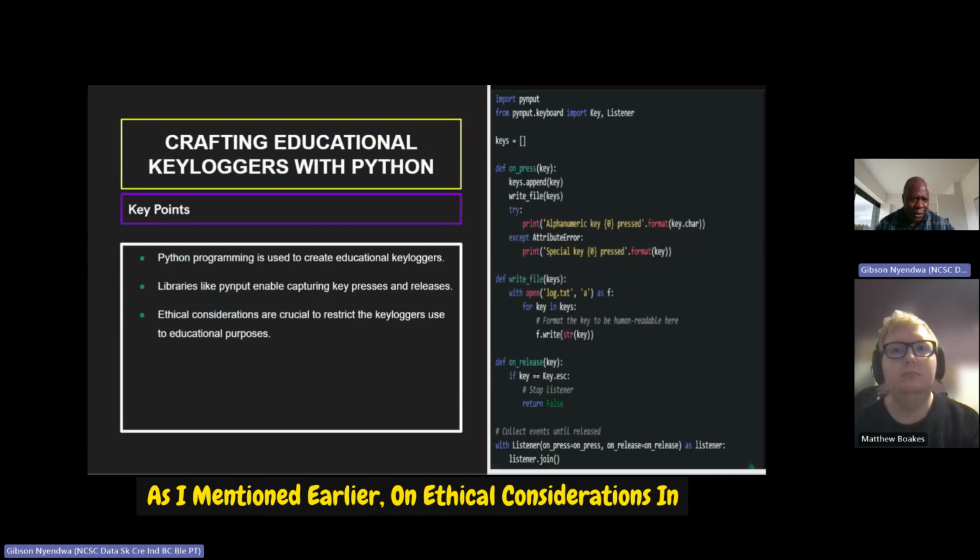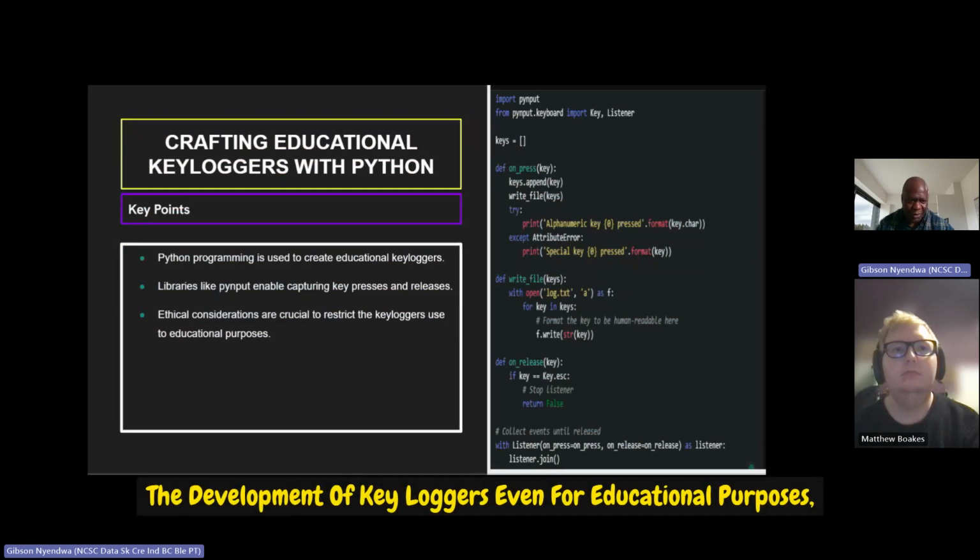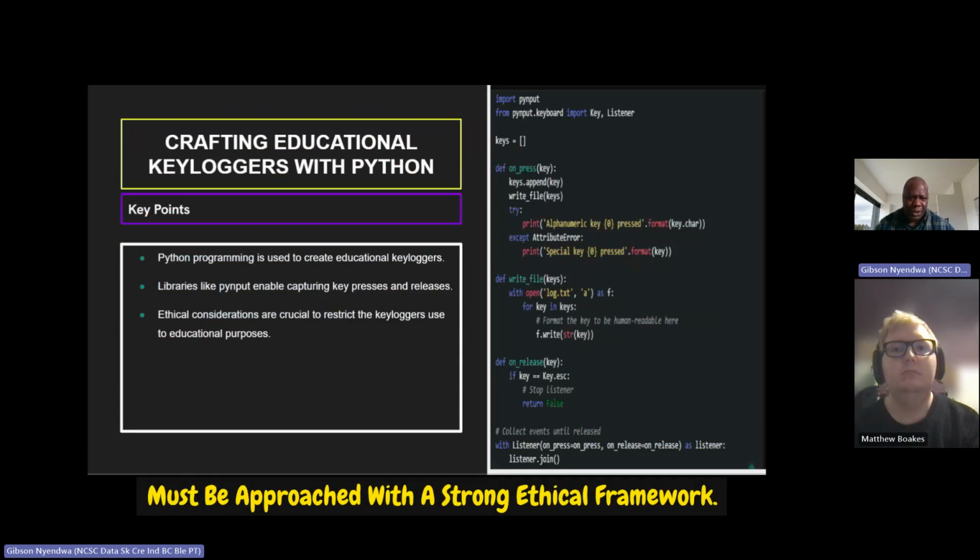Like I mentioned earlier on, ethical considerations in development must be considered. As we delve into the technical aspect, it's imperative to reiterate the importance of ethical considerations. The development of keyloggers, even for educational purposes, must be approached with a strong ethical framework.